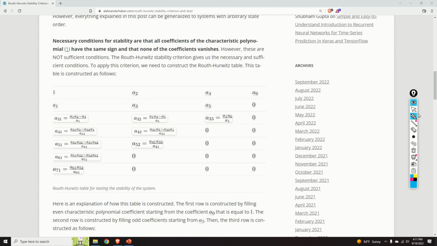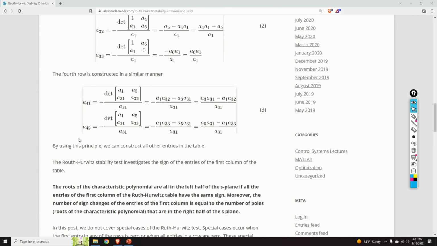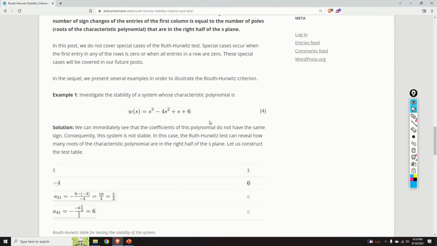Now, we can immediately see that in order to compute A41, we will have certain problems. This is because we divide this determinant by A31. And if A31 is 0, then we have a big issue over here. So A41 is not defined then. I will explain these special cases in my future videos and tutorials.